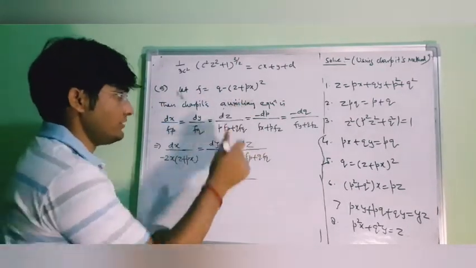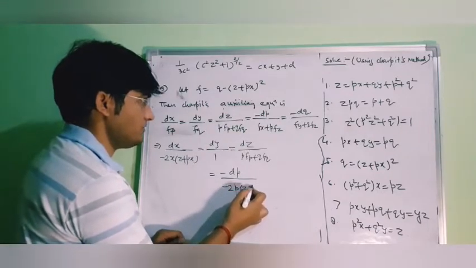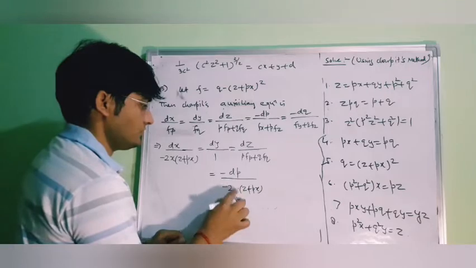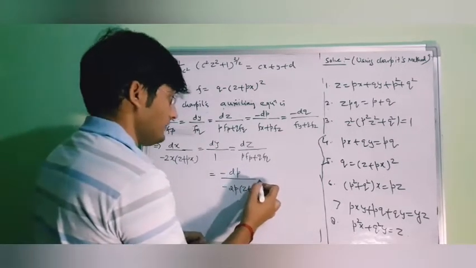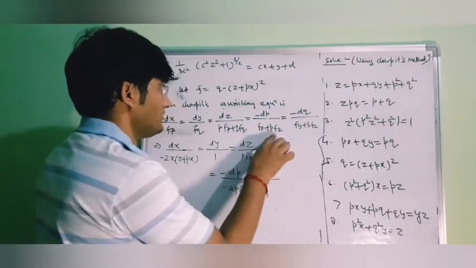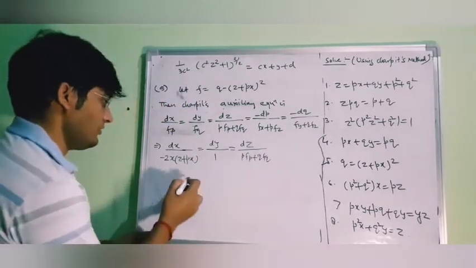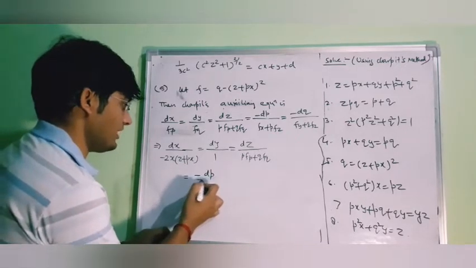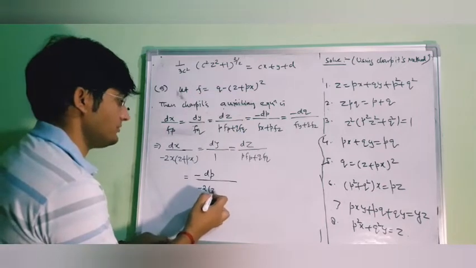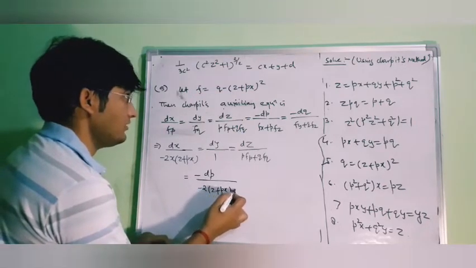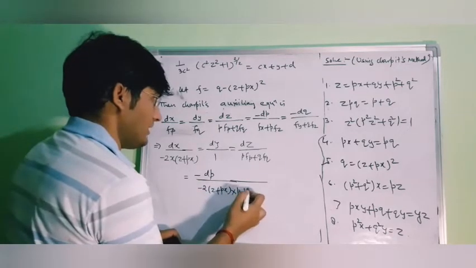Now your fx will be minus 2 times p into z plus px, equal to plus p into fz. So this is equal to minus dp upon fx. Your fx means minus 2 times z plus px into p. Then we will have p times fz.